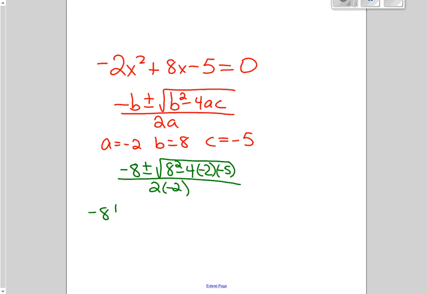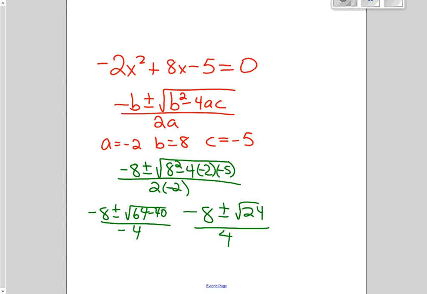So negative 8 plus or minus 64, because that's 8 squared. Then negative 4 times negative 2 is a positive 8. Positive 8 times a negative 5 is going to be negative 40, all over negative 4. So negative 8 plus or minus the square root of 24 all over 4.